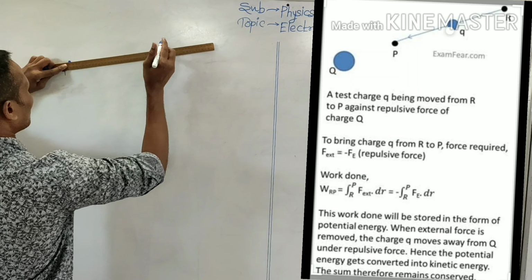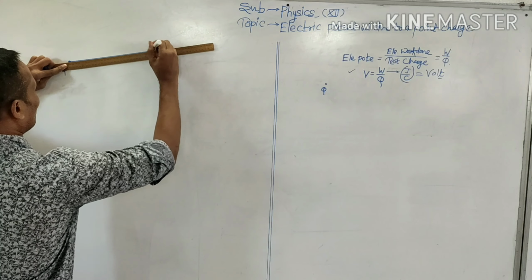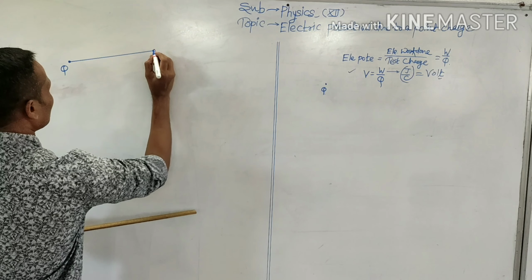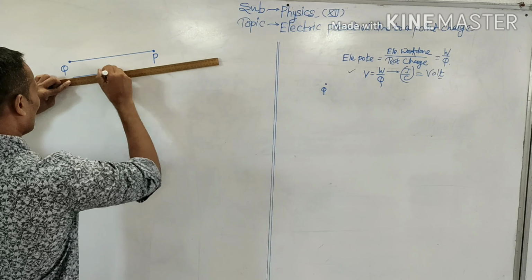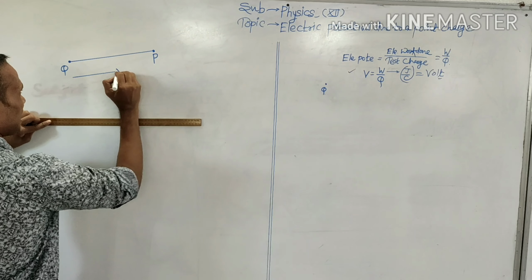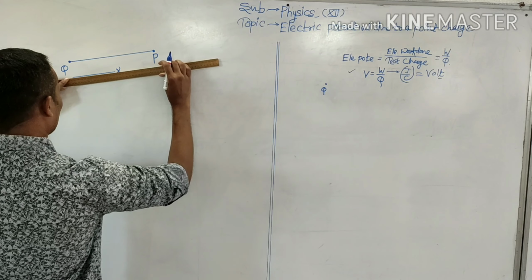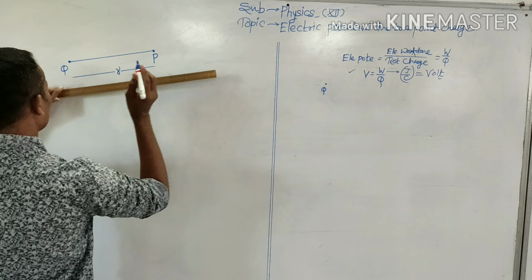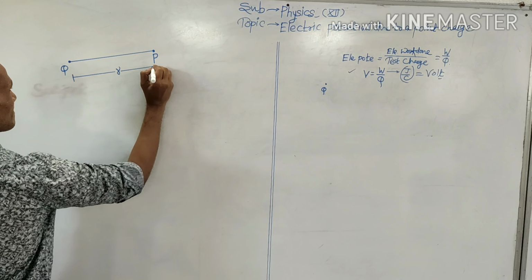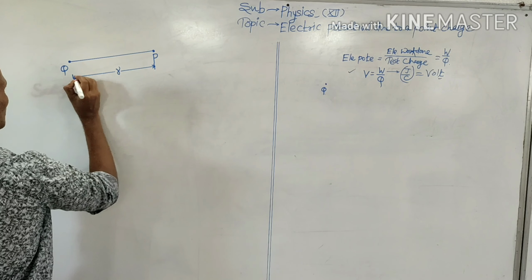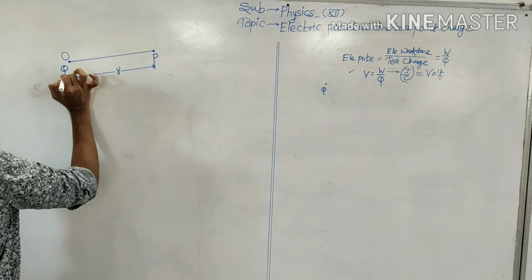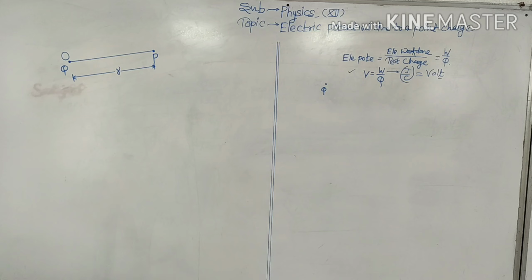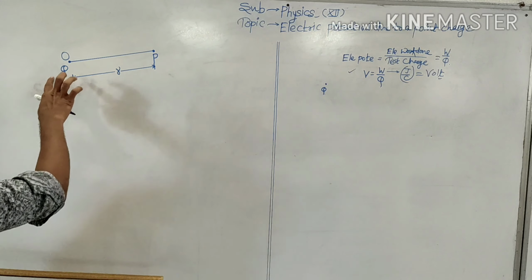So we are going to take one more point P, and the distance of the point from the charge is r. Supposing this is position O, the charge Q lies at O. Now, how to calculate the potential of Q at P?